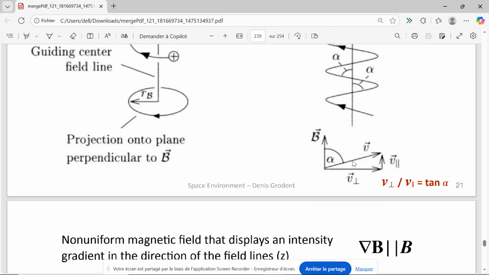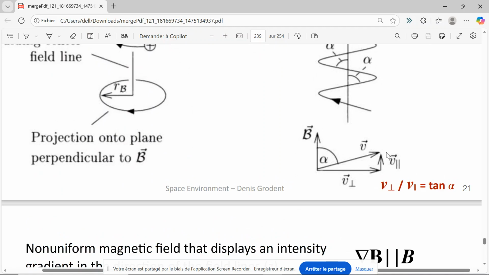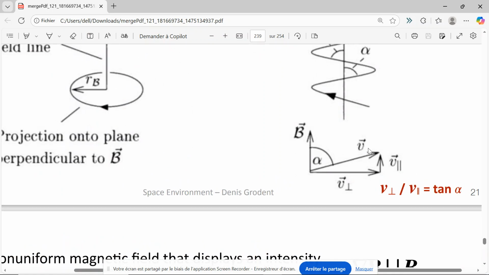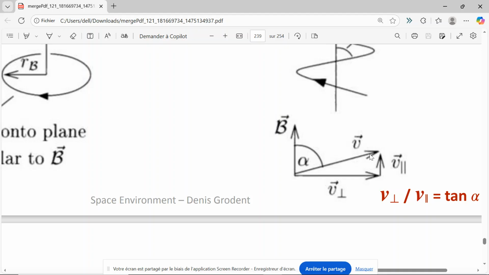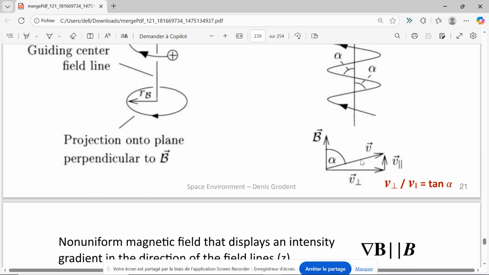Here we have the angle alpha. The higher alpha, the higher V perpendicular will be, and the lower alpha, the higher V parallel will be. You see that at the equator alpha is equal to 0, and at the pole alpha is equal to 90 degrees.